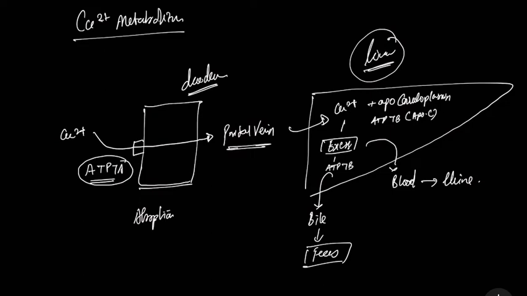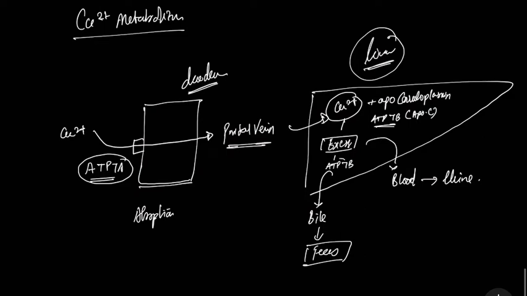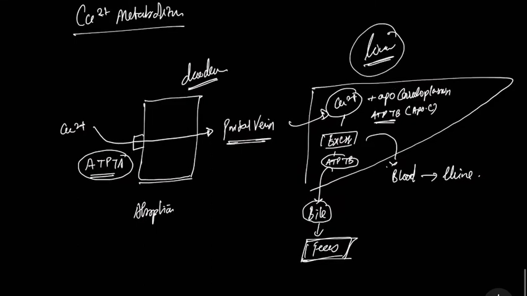In the liver, copper in the presence of your ATP7B combines with your apoceruloplasmin, and the excess copper combines with your ATP7B and your bile and is excreted out through your feces. The remaining excess copper moves into the blood and is excreted through your urine. So this was the physiology of your copper metabolism.